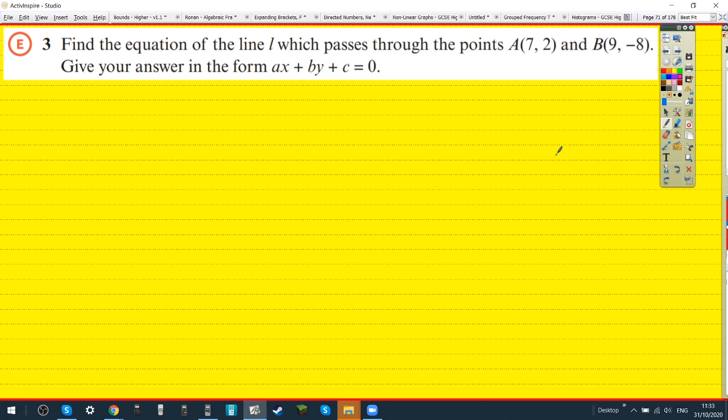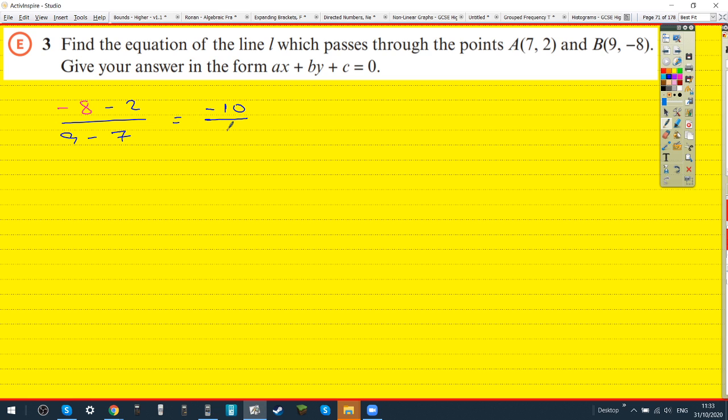So how are you getting on with this one? I used the y2 minus y1 over x2 minus x1 this time. So I got minus 8 minus 2 over 9 minus 7, which is minus 5. So it'll be y equals minus 5x plus c.